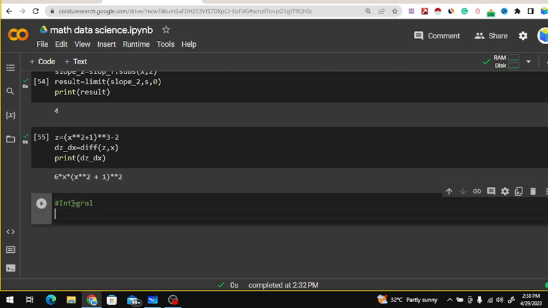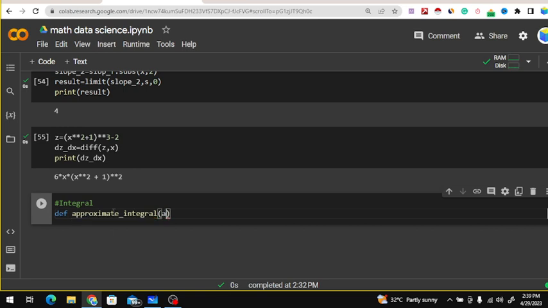It's an integral approach here. So first we will create a def function, def approximate_integral, and we give it some parameters.